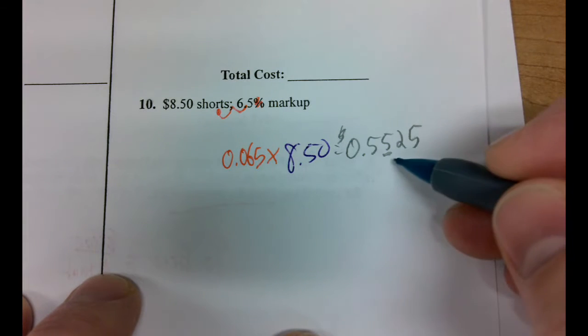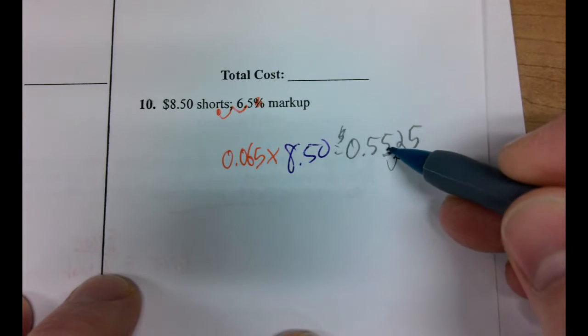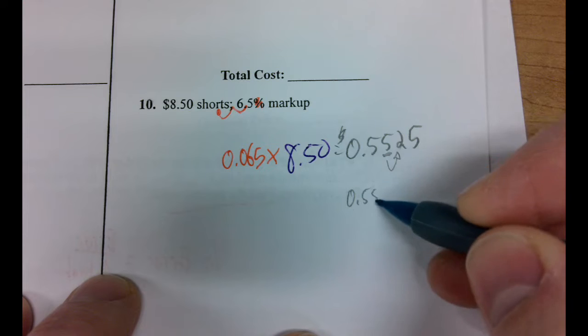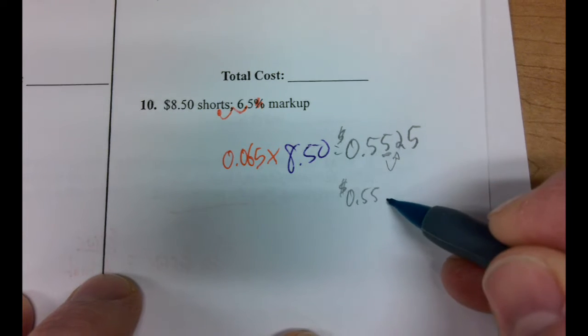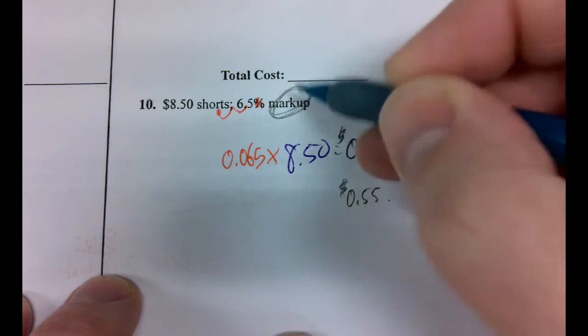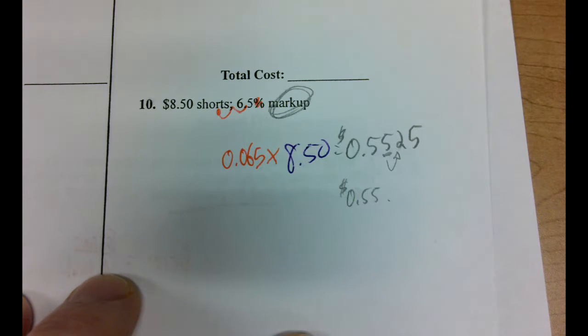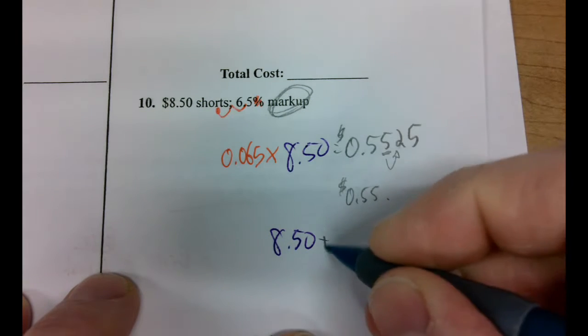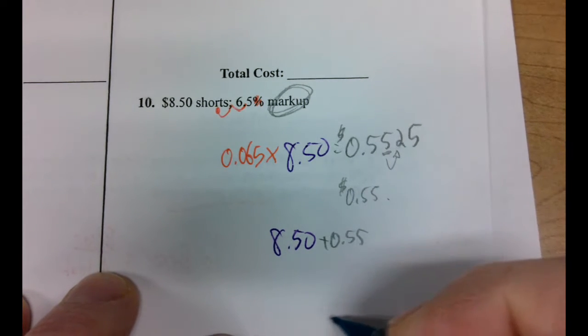So we're going to leave it at 55 cents. That's not your final answer. Going back here, that's your markup. So with a markup, what happens to the price? It goes up. So make sure you take that $8.50 plus 55 cents. Mental math, calculator approved. Hoping Mr. Wallace's mental math is correct so he doesn't make a mistake on the video and have to redo it again.